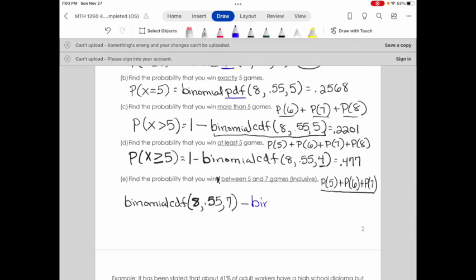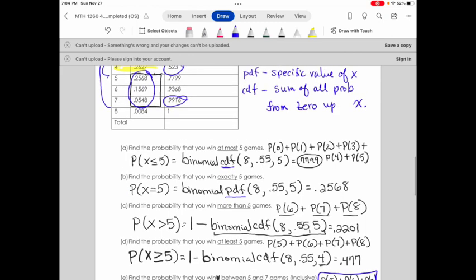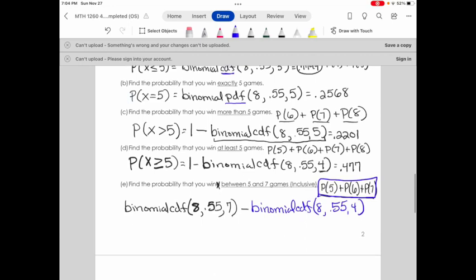So I'm going to subtract binomial CDF of everything from 0 to 4. And when I get rid of everything from 0 to 4, what I'm going to be left with is 5, 6, and 7. So I'm going to put in 8, 0.55, and 4. This binomial CDF up to 7 will give me this 0.9916.